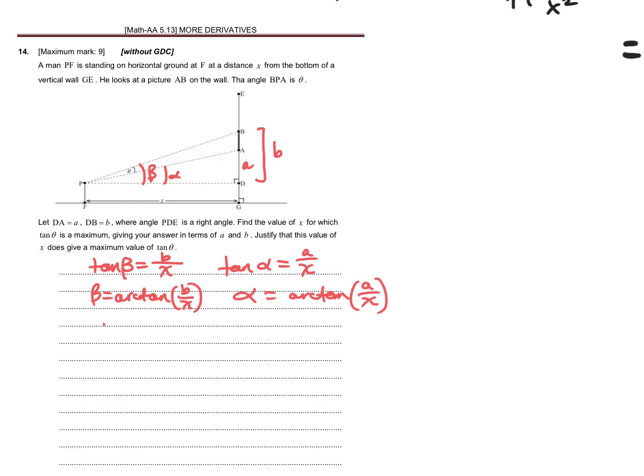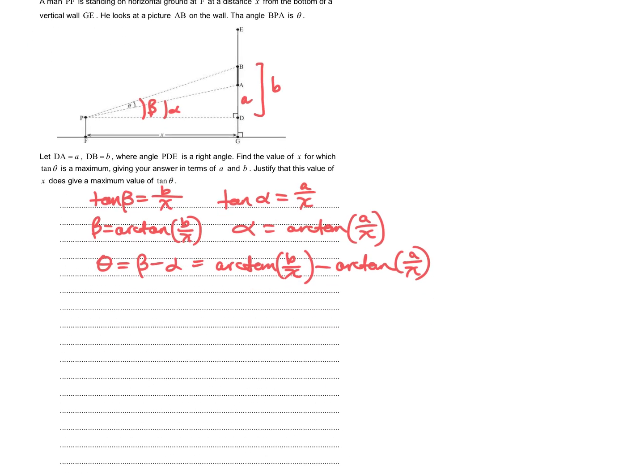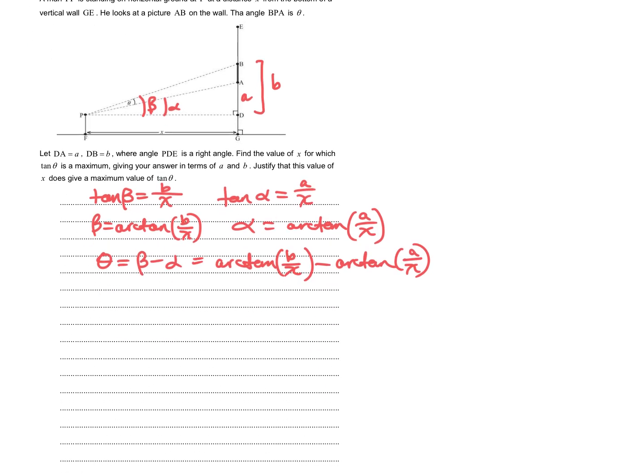And we know theta is beta minus alpha, which is arctan B over x minus arctan A over x. So then I was going to do just the derivative of theta, but they're talking about tangent theta.